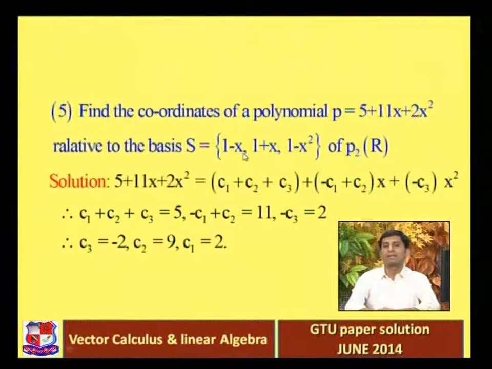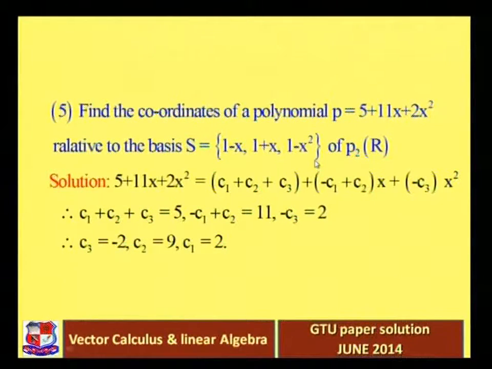So the constant part is c1 plus c2 plus c3, then the part which contains x is minus c1 plus c2, and the last part is minus c3 x square, because we have only one term which has x square.